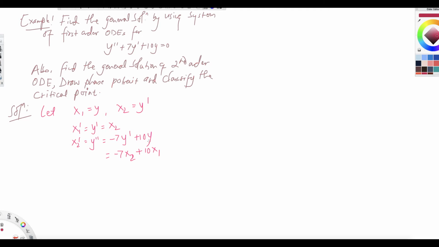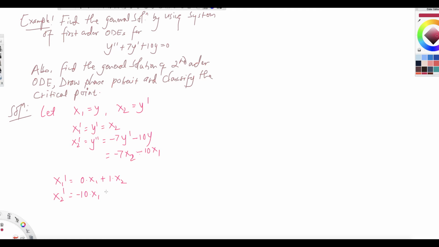You see that? So how do you put that into the matrix form then? Let me first write down the equation. So what you get is x1 prime equals 0 times x1 plus 1 times x2. You can write the first one like that. And then x2 prime equals 10 times x1, right? Oh, by the way, this should be minus, so negative 10, right?